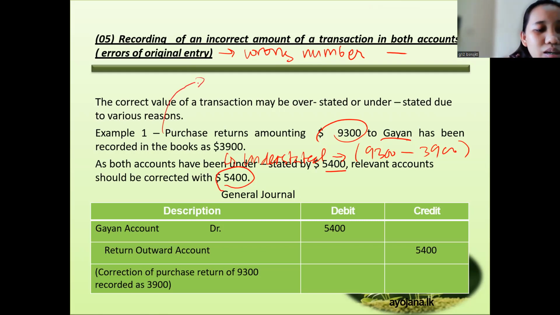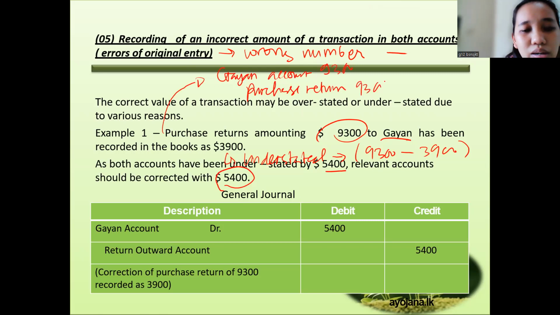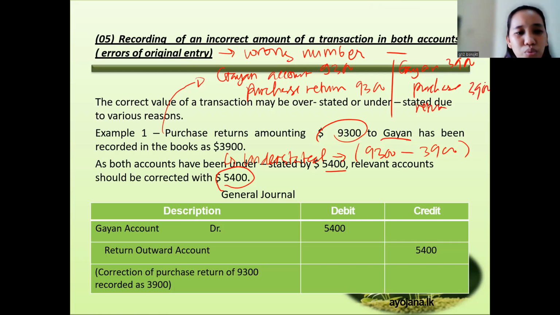The original entry is supposed to be Gayan account and purchase returns. Remember, purchase return is a credit account. That is supposed to be 9,300, 9,300. But when writing it down, you just wrote Gayan 3,900, purchase return 3,900.